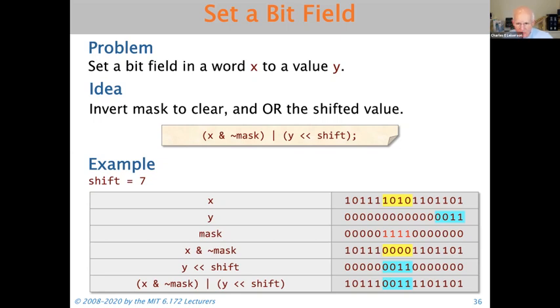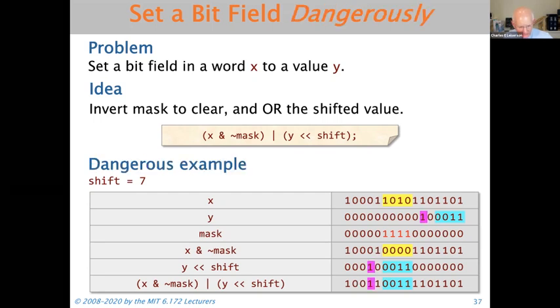Now it turns out what we did is error prone. This is a dangerous way of doing it. I did it first because it's a little bit easier. But what can go wrong? What if Y had other bits set in the word besides the blue bits, such as the magenta bit shown in this example? In that case, if we go through this code, we'd clobber something we didn't mean to.